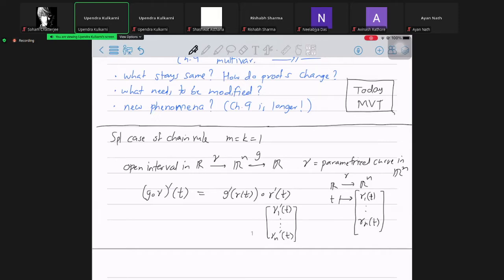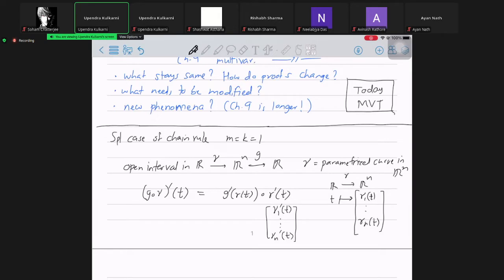So now the question is, what is G prime? Remember, G is a function from Rn to R. So its derivative is going to be a matrix corresponding to a linear transformation also from Rn to R. That means the columns of this matrix are just going to be single real numbers.